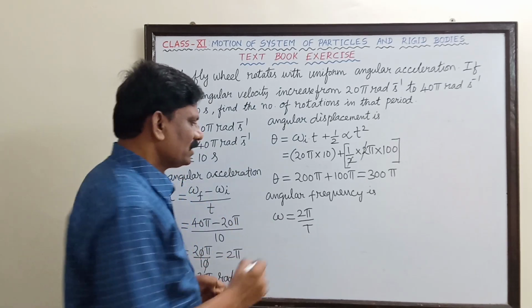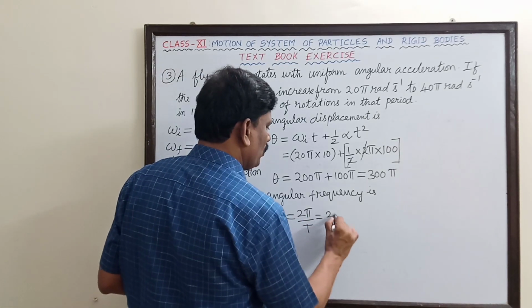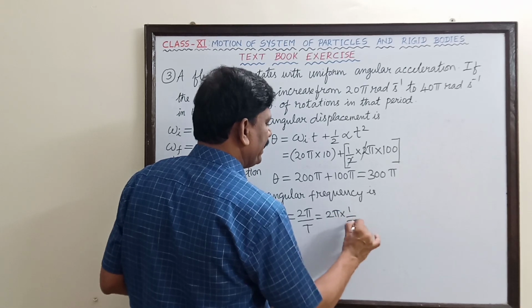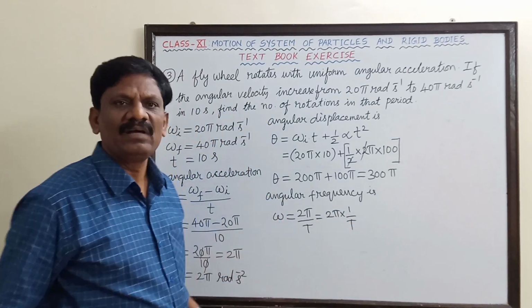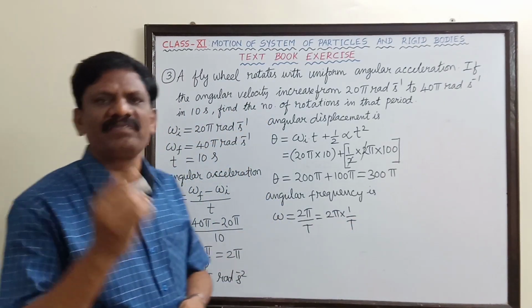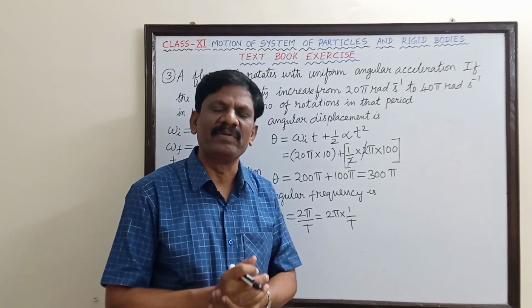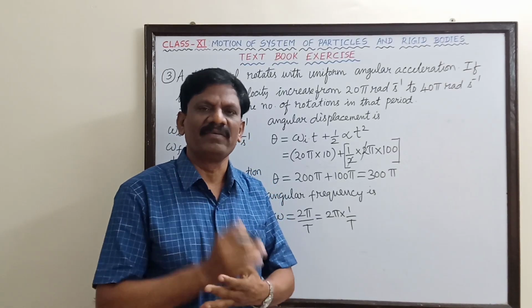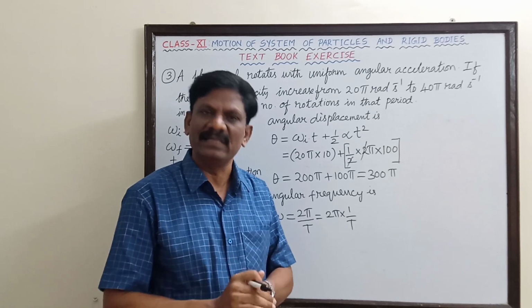So this can be written as 2 pi into 1 by T, the reciprocal of time period. The reciprocal of time period is nothing but the frequency of revolution, number of revolutions per second, RPS.